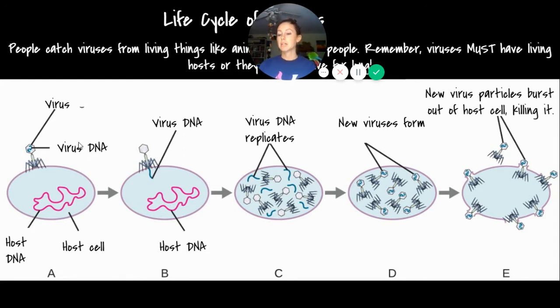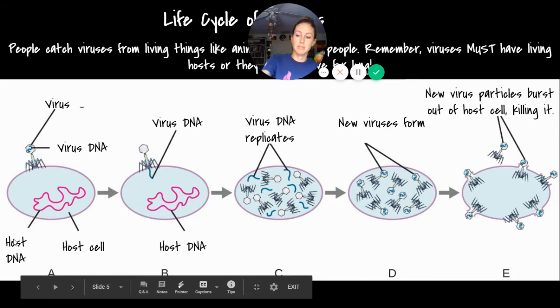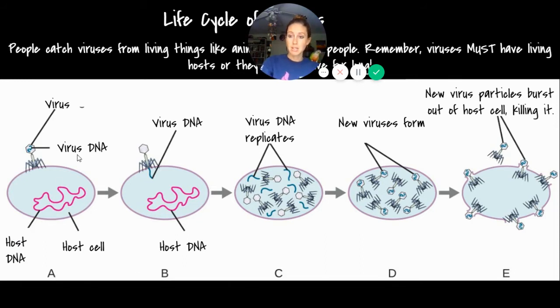So the virus contains its own viral DNA. The base plate attaches to the host cell. And like we talked about, that sheath is going to squeeze together and inject the DNA inside. Okay, so in part A, we've got our host cell's DNA, the virus has its DNA, and obviously the virus.